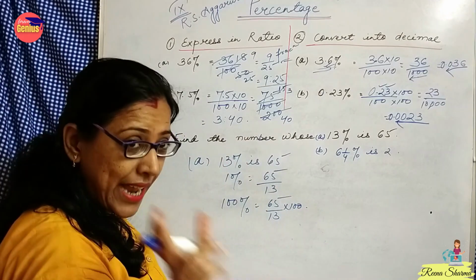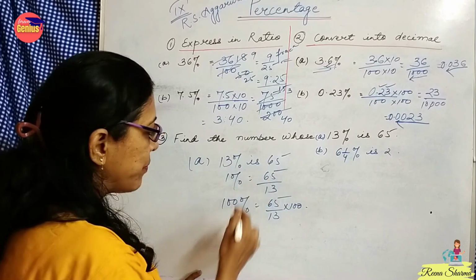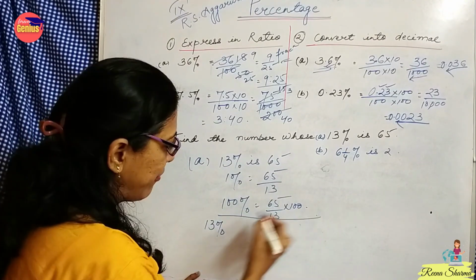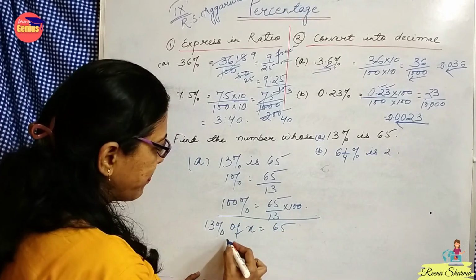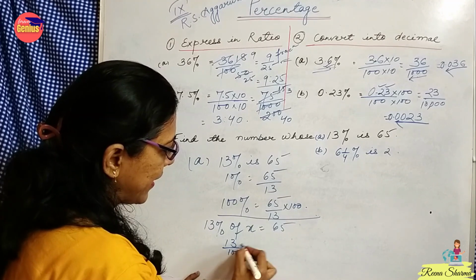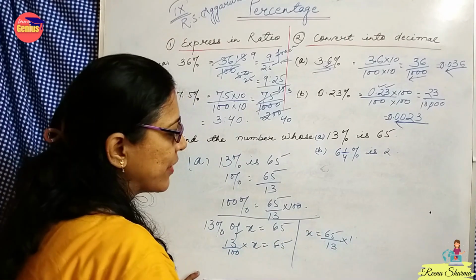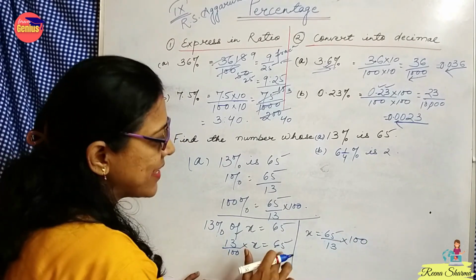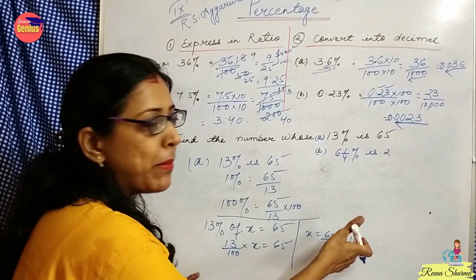I can also take x and do it like this. 13% is 65 means, the alternative way, 13% of x is equal to 65. 13 by 100 into x is equal to 65. Now x is equal to 65 by 13 into 100. When I change the sign, the numerator will become denominator and this will be multiplied.